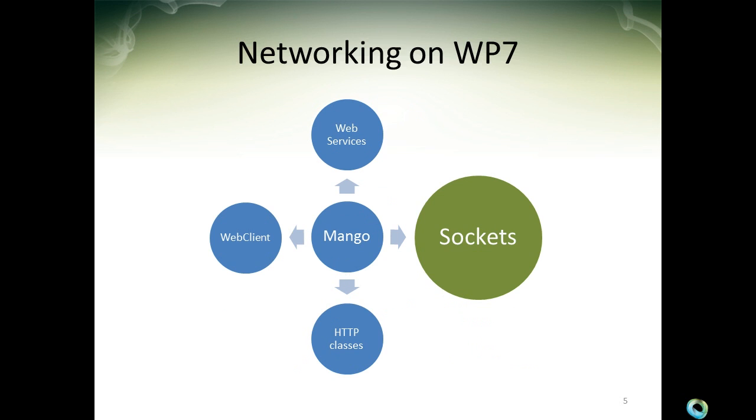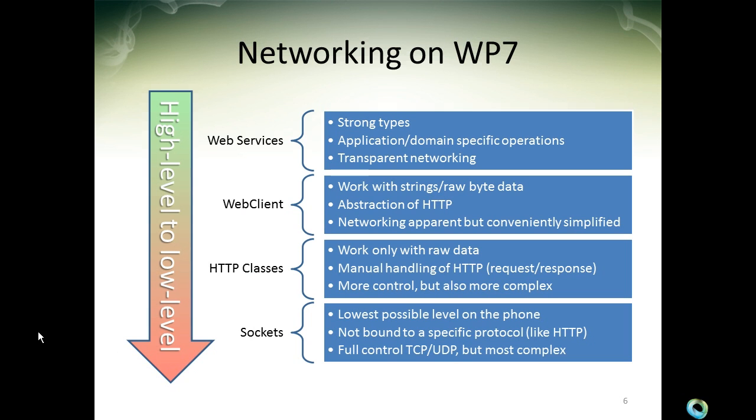And before we take a look at what sockets can be used for and for what you can use sockets in your own applications, I want to go ahead and take a look at the currently available features for networking on the phone based on the complexity of the technologies involved.